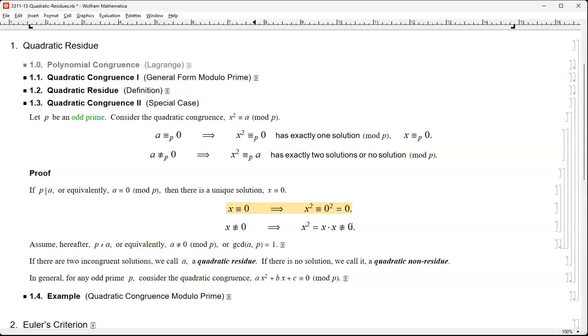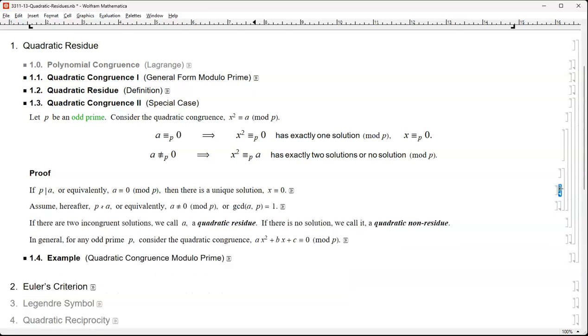Then X squared is X times X, and that should be non-zero because there's no way getting 0 by multiplying two non-zero numbers modulo P. Remember, modulo P, there is no non-trivial zero divisor. So we have only one solution, double root. X is congruent to 0.